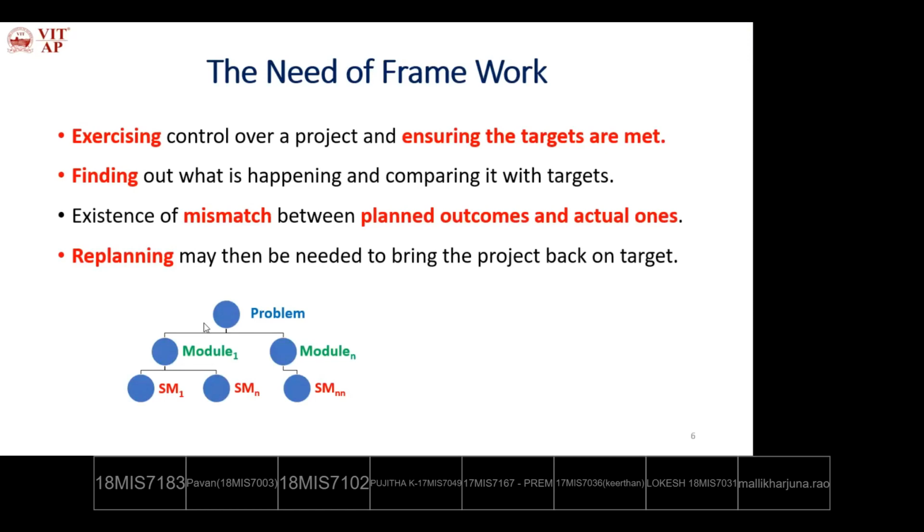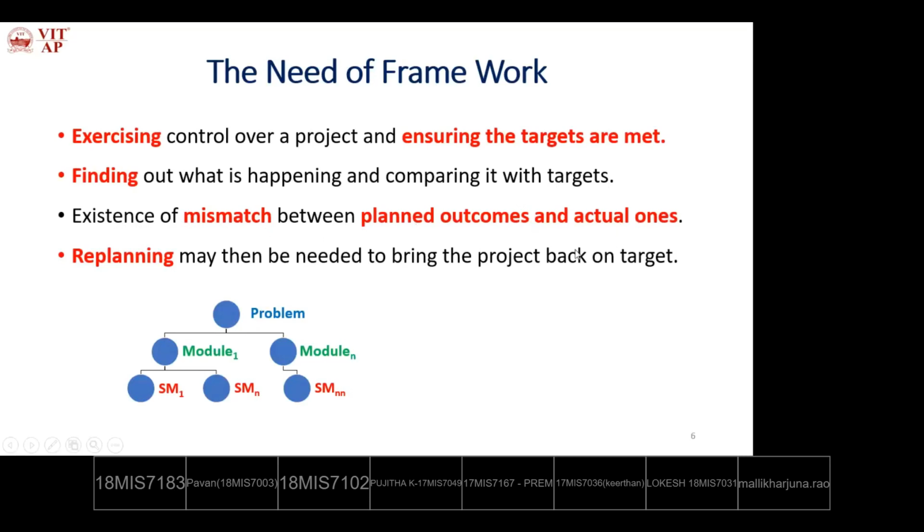We identify those activities. We are always checking whether we are working according to the target dates or not, and whether a mismatch exists between planned outcome and actual ones.